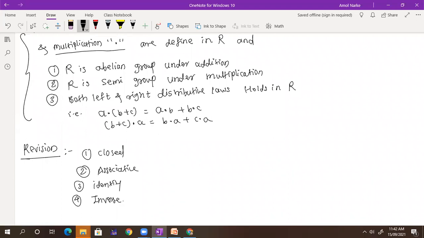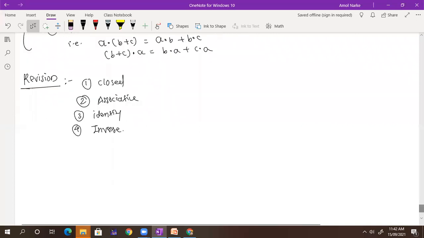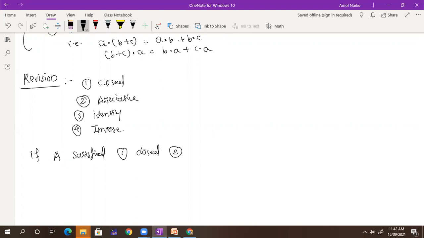Okay. So suppose any set A satisfies number one, closed, and number two, associative, then A is called a semigroup.